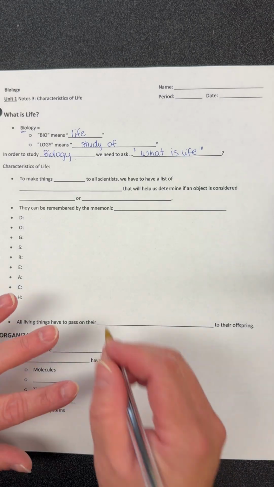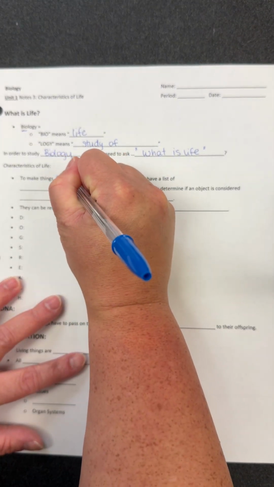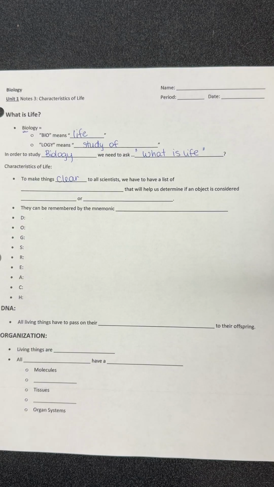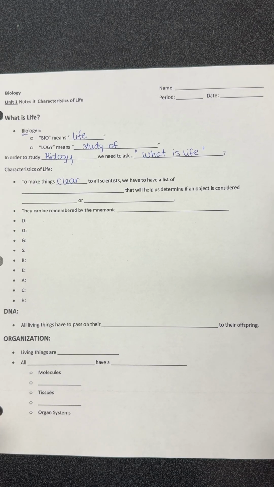Scientists like to have everything fairly clear and defined so that all scientists around the world understand what we're talking about. Because when we come from different places around the world, it's easy for us to say one thing in English, but maybe somewhere in France, scientists could be studying something and it might have a different meaning in French.